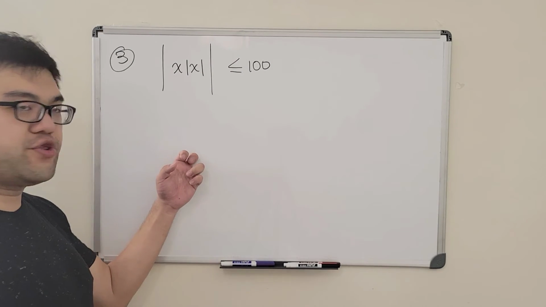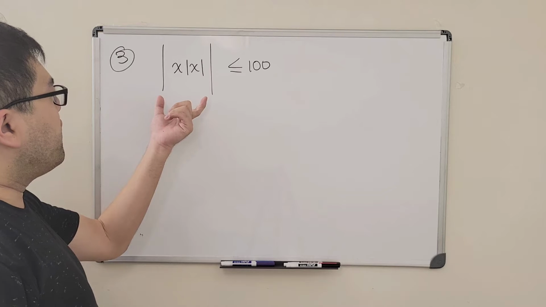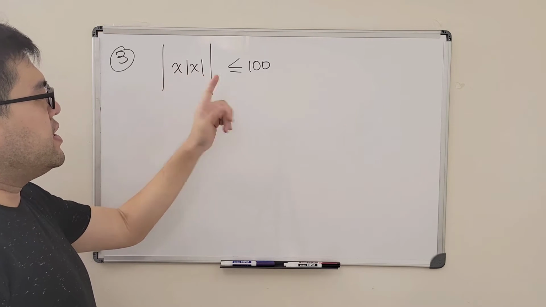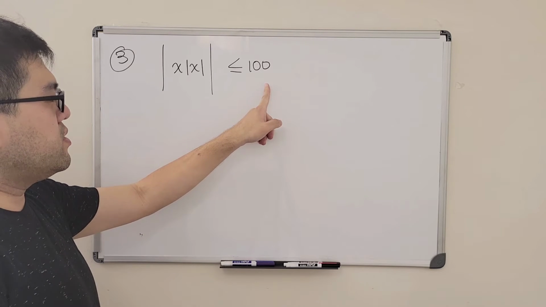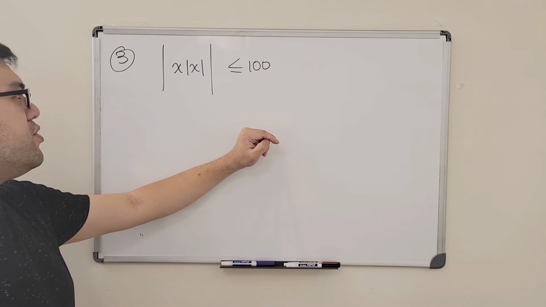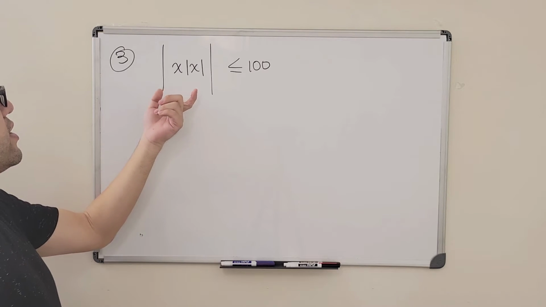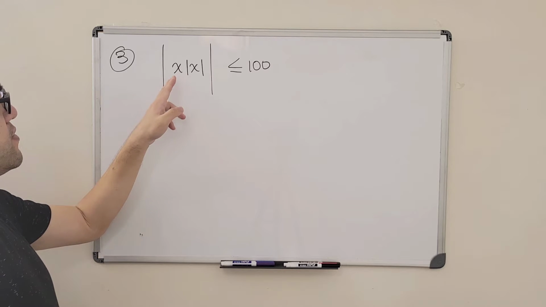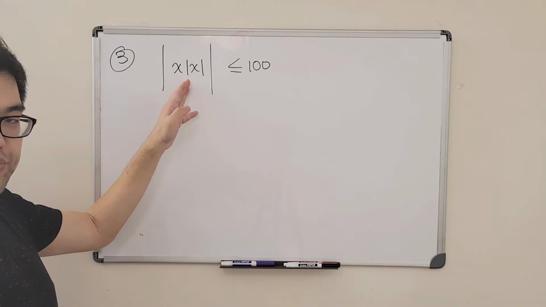Alright, so here is our third example. We have the absolute value of the product x times absolute value of x is less than or equal to 100. How is it different from the last example? Well, in the last example, we also had absolute value inside of another absolute value, and we also had something times the absolute value.